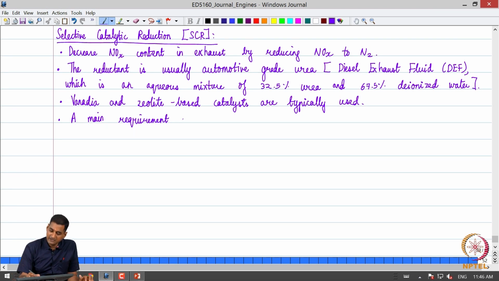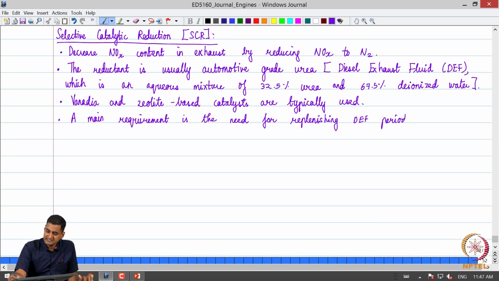So a main requirement is the need for filling or replenishing DEF periodically. So that is selective catalytic reduction. These are the main tools available for treating engine exhaust.